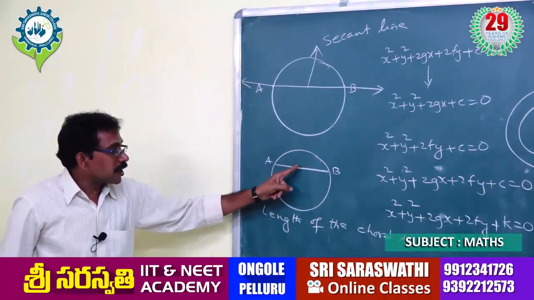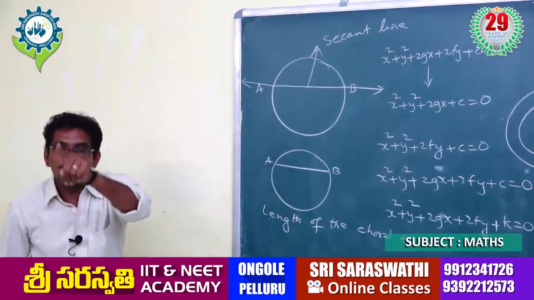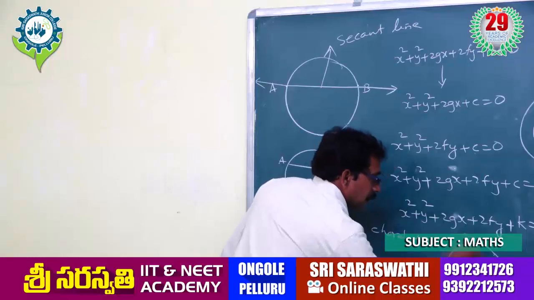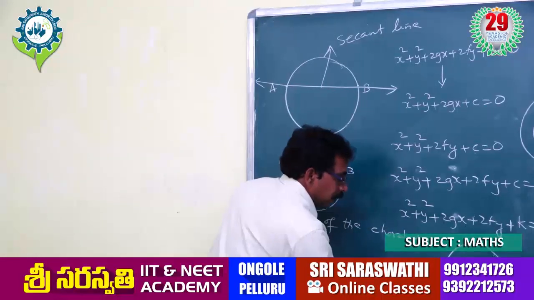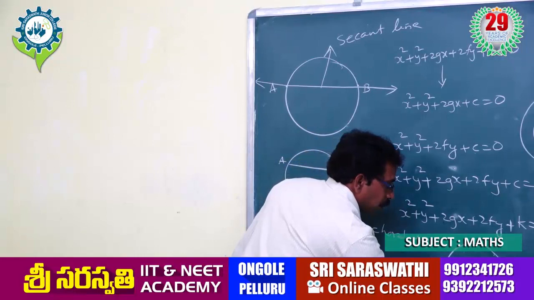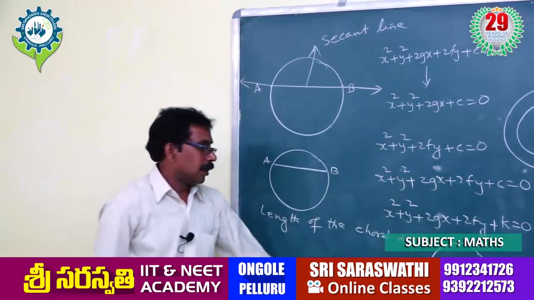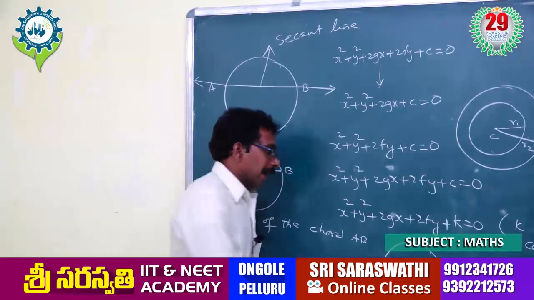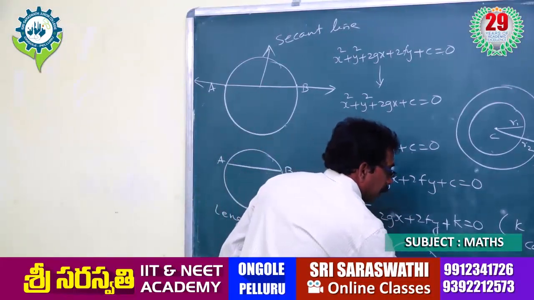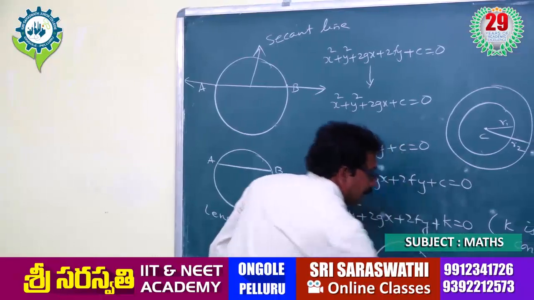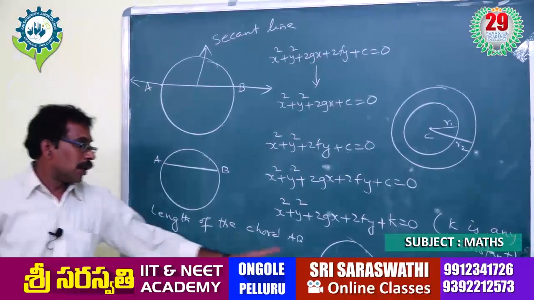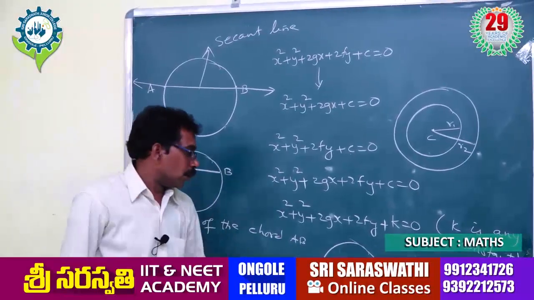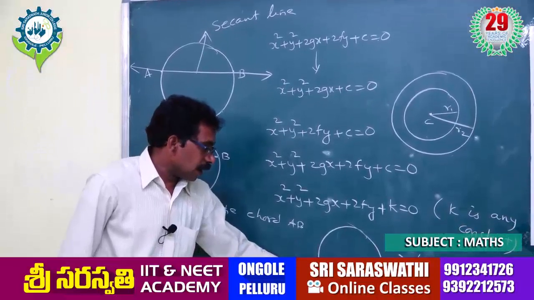If this chord passes through the center of the circle, see, this is the center, then this chord is known as diameter. So, a diameter always passes through the center of the circle.